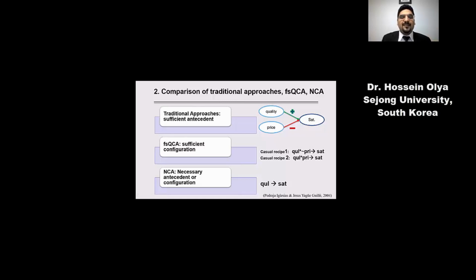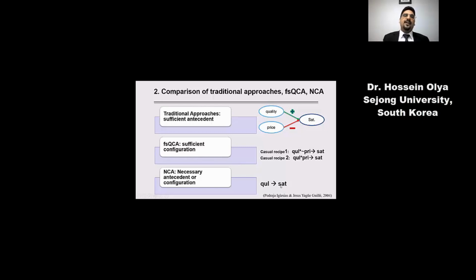What about the necessary condition? What does it mean, necessary condition? A necessary condition means that without this condition, we would not have that outcome. Yes, we explored and we identified quality as a necessary condition for the satisfaction of the customers.